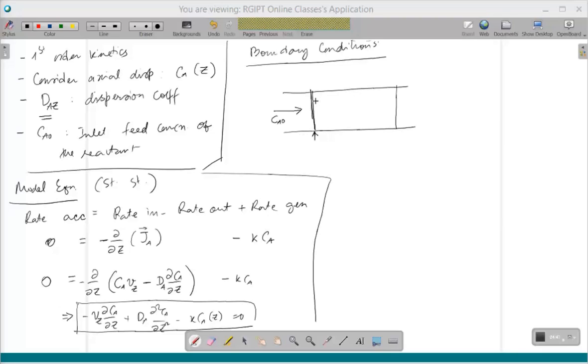There is, of course, a flow, but it's continuous. But there's a sudden diffusion that starts to occur as soon as it enters. In this direction, you can think of the solute being sucked into the reactor suddenly, instantaneously, like this instantaneous sucking in happens at this z equal to 0.